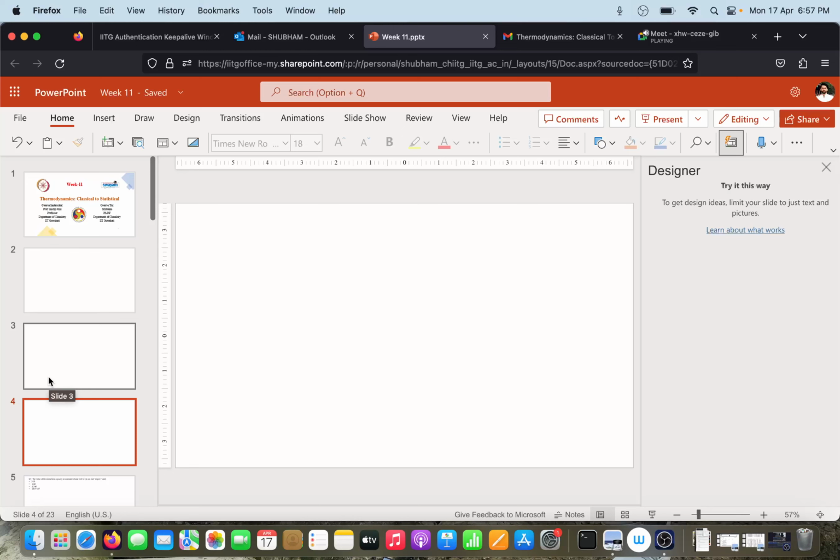So T1 is 750. Let's take T2 on one side. T2 is equal to T1 into V1 by V2 to the power gamma minus 1.